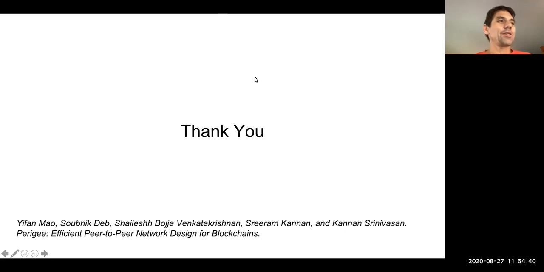Just to verify: if we use this algorithm as is, because it optimizes for the end objective, I'm assuming that does open an attack vector. If you want to put this in the wild, you probably have to regularize somehow, mixing this objective with some other objective that prevents things like eclipse attacks.